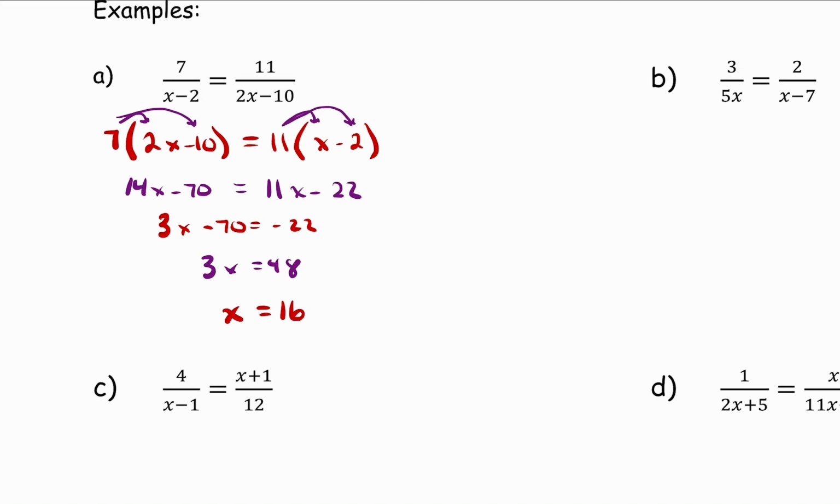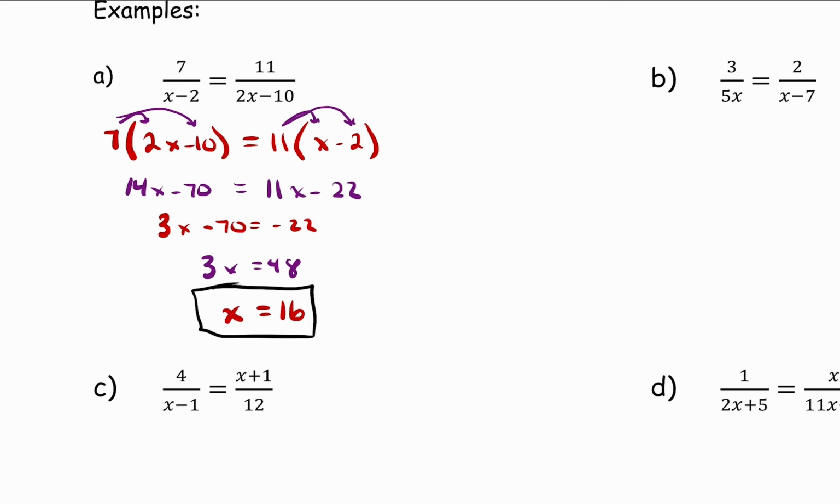So no problem at all. There are no excluded values related to our solution. We would not have been able to have 2, and we would not have been able to have 5 in this case, should those have come out.